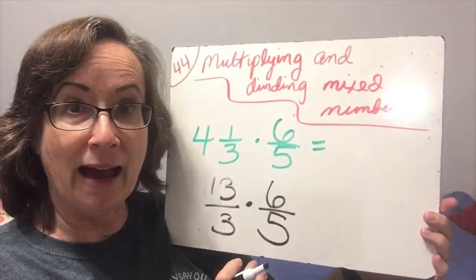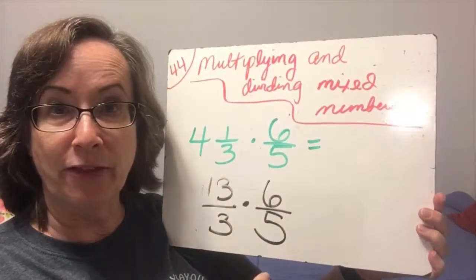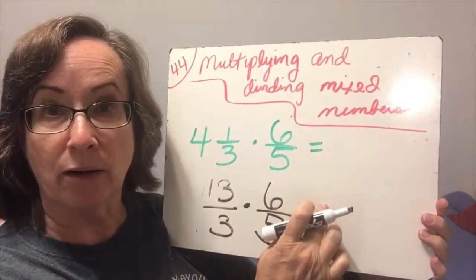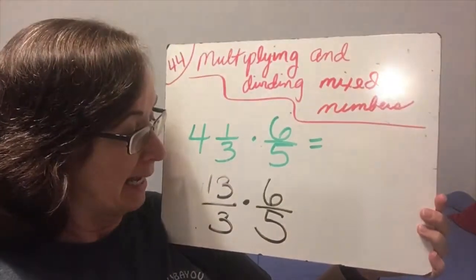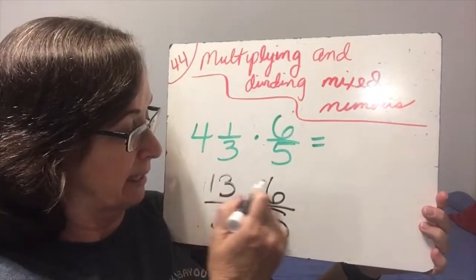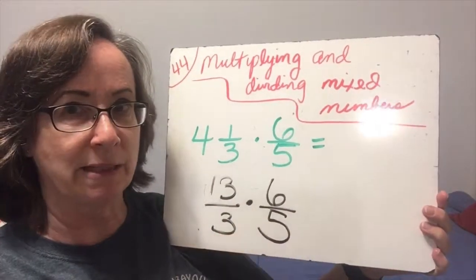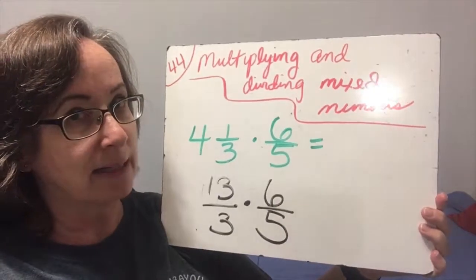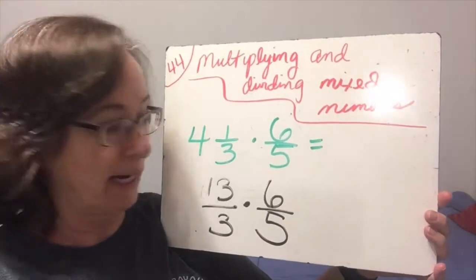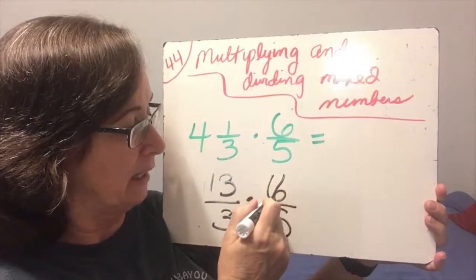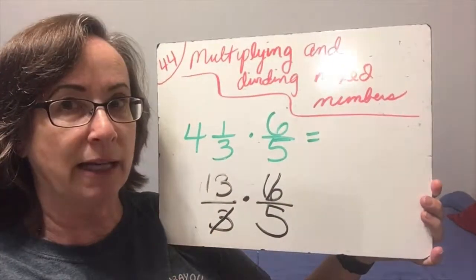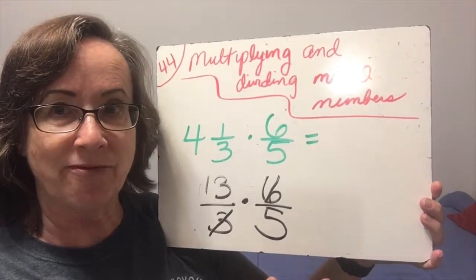Now when we have a fraction times another fraction, remember we multiply across the top and we multiply across the bottom, and we would get 13 times 6 over 3 times 15. But we would have to simplify our answer. So a fast way to do it is to look for any numerator and any denominator that have the same factor.